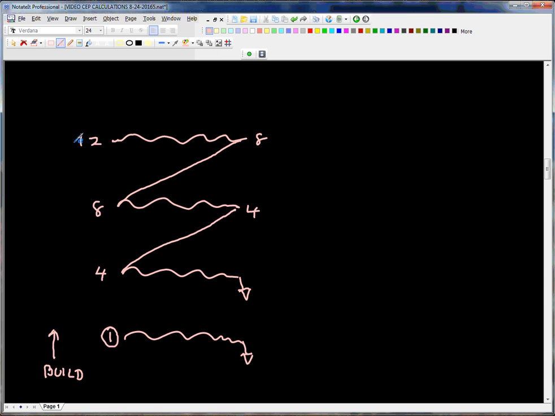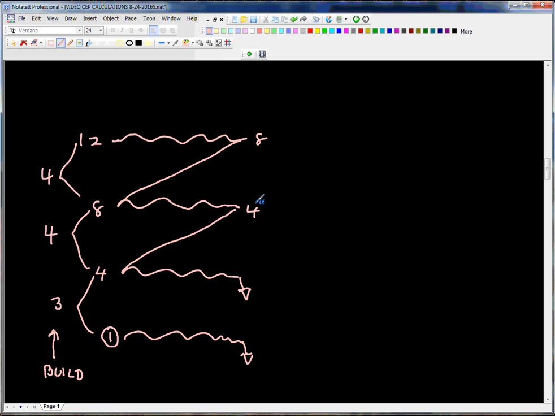What's the next step? We do this, remember? 12 minus 8 is 4. 8 minus 4 is 4. 4 minus 1 is 3.